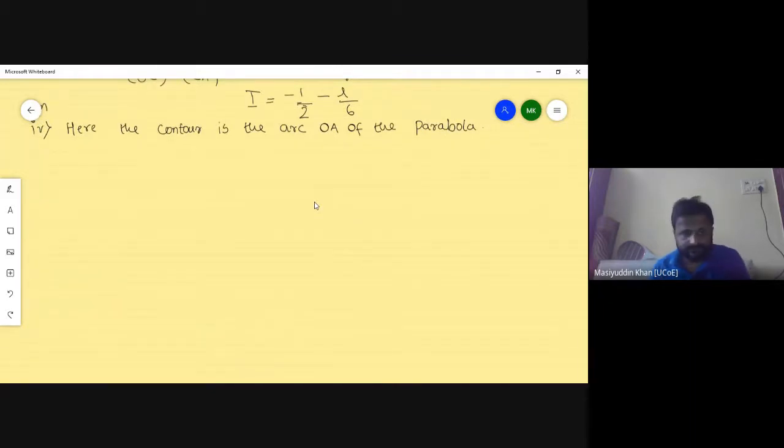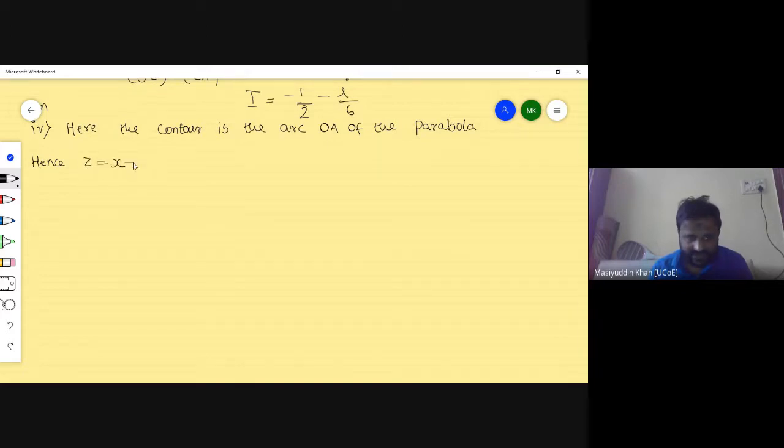So as we are aware that z is a complex number, hence z is equal to x plus iy.